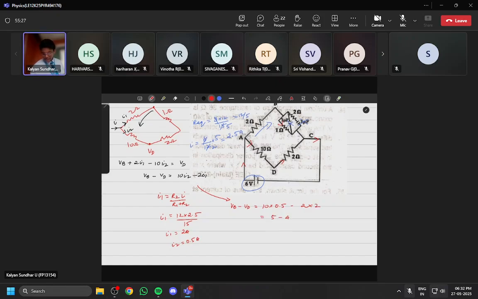So it will become 5 minus 4 which will be equal to 1 volt. 1 volt is the correct answer. Right?